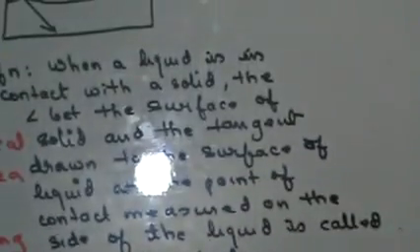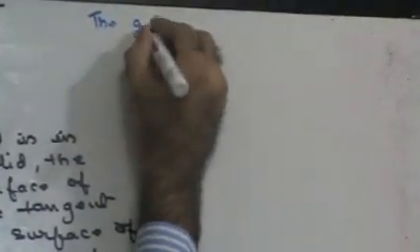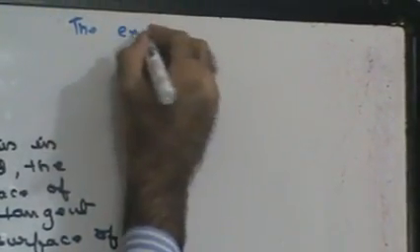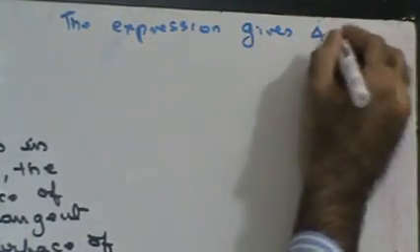From this, we understand that the expression gives four cases. First, let's assume that T2 is greater than T1. That means the surface tension between air and solid is greater than the surface tension between liquid and solid.